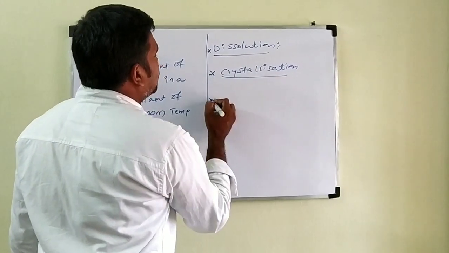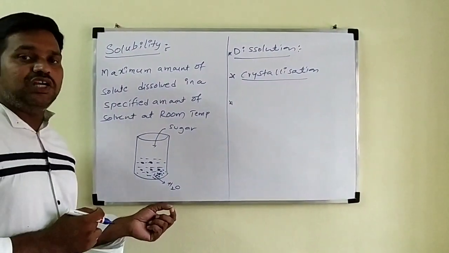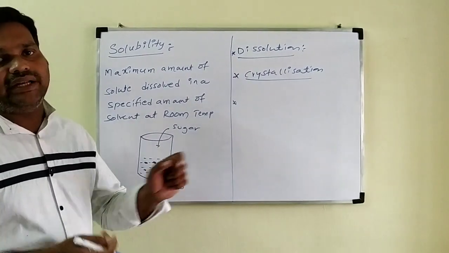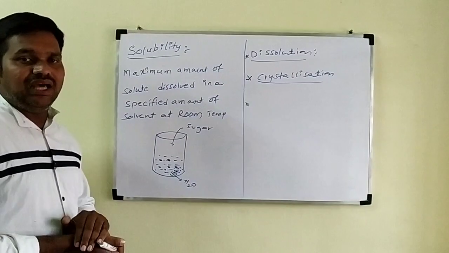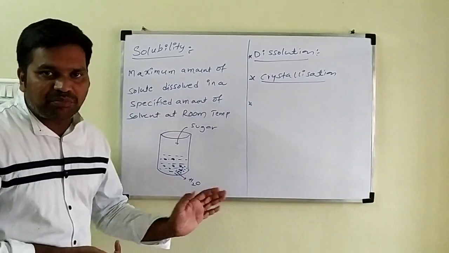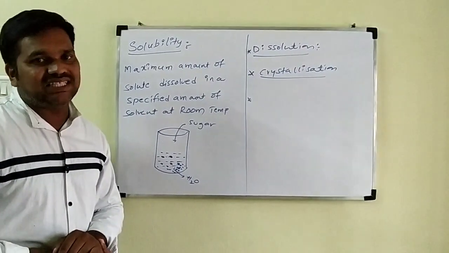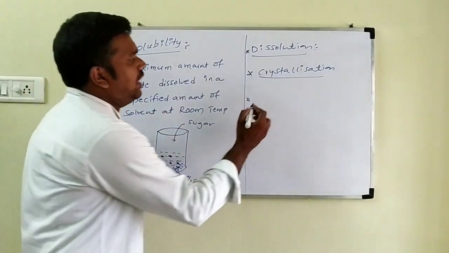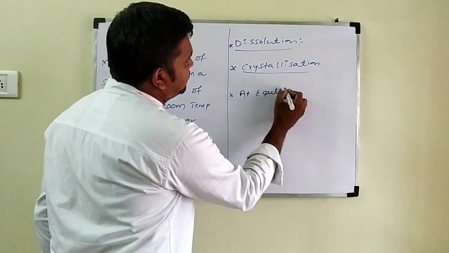Crystallization means whenever the sugar solid particles collide with the solid particles present in the solution, the solid particles get separated from the solution. That process we are calling as crystallization only. So I will write one point here.